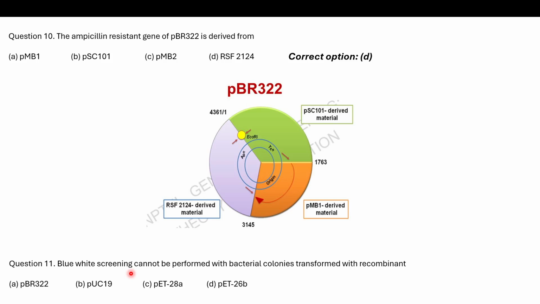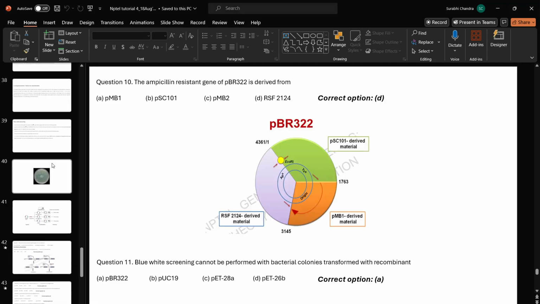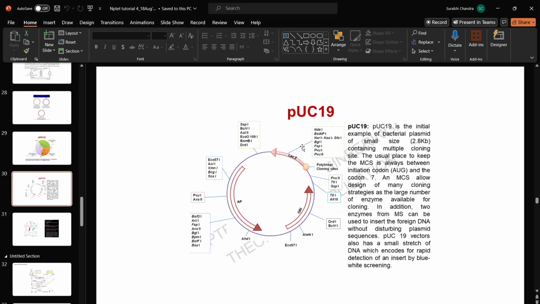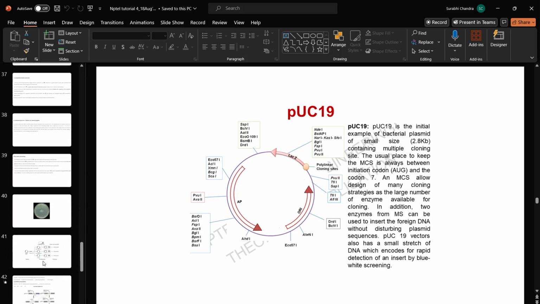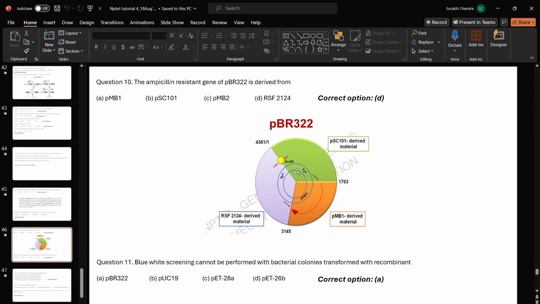In the pUC19 vector that we saw, there is this lacZ gene here, right? But in case of the pBR322 vector, do we see any lacZ gene insert here? No, right? So, blue-white screening cannot be performed where the lacZ gene insert is not there.